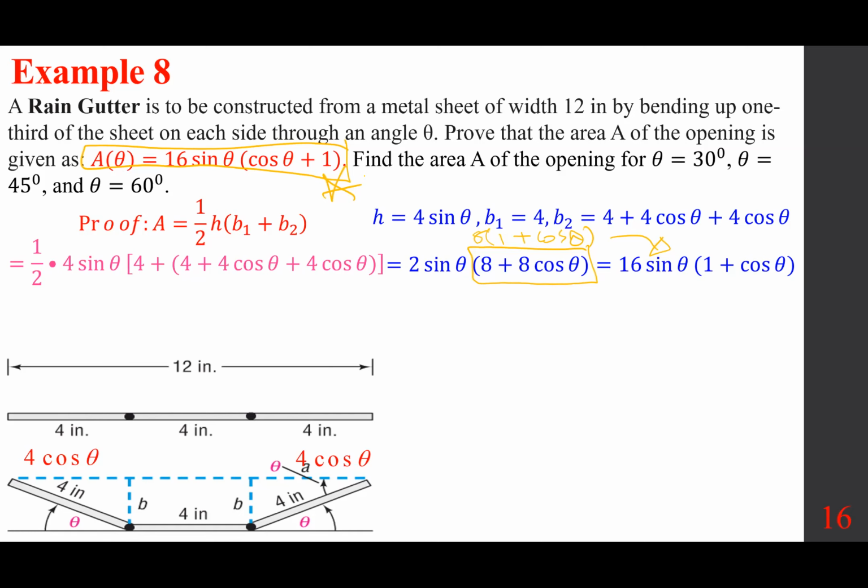So I don't want to spend too much time on it, but let's quickly go over that. For 30 degrees, so this is the most important part. We proved it. For 30 degrees, replace the theta with 30. Sine of 30 is 1/2. Cosine of 30 is square root of 3 over 2.